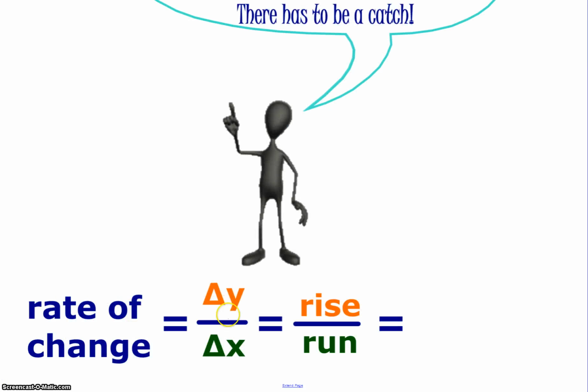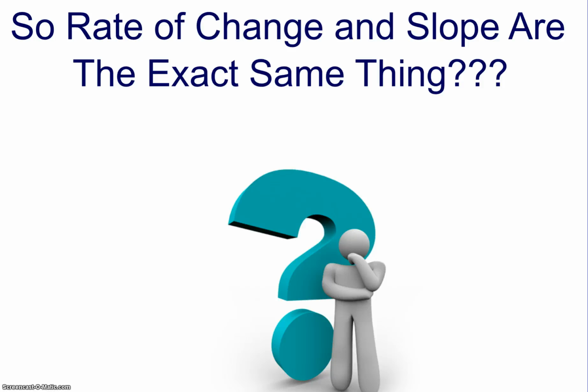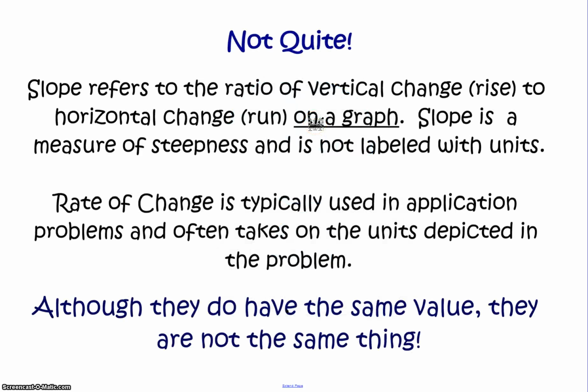Rate of change is change in y over change in x, or rise over run. That means you count whether you're going up or down, and run would be your distance between x points. So rate of change and slope are exactly the same thing. Not quite. Slope refers to the ratio of vertical change, which is the rise, to the horizontal change, which is the run, on a graph.